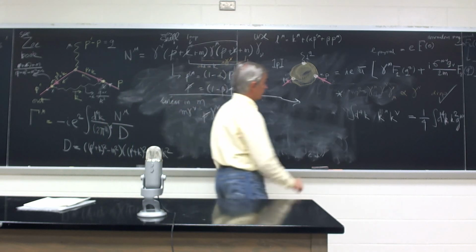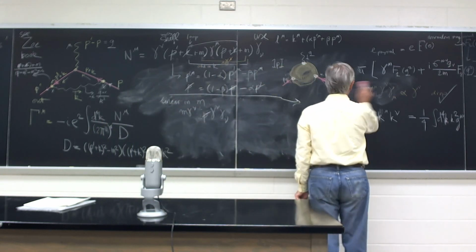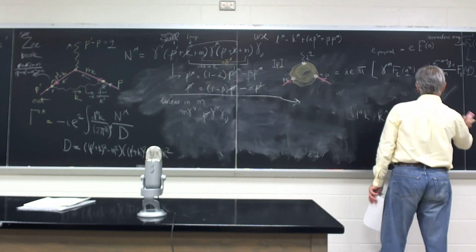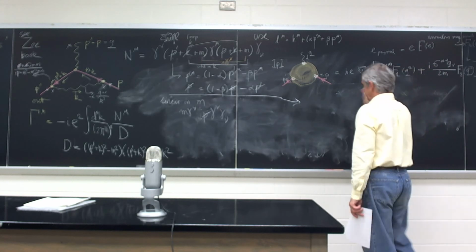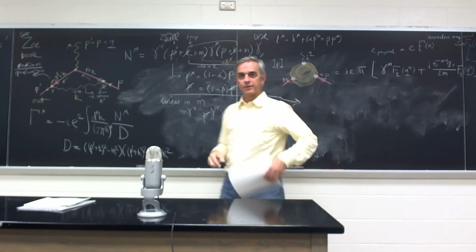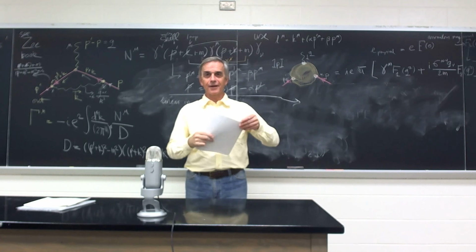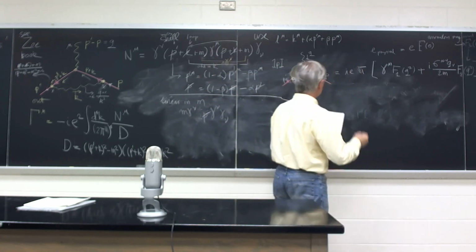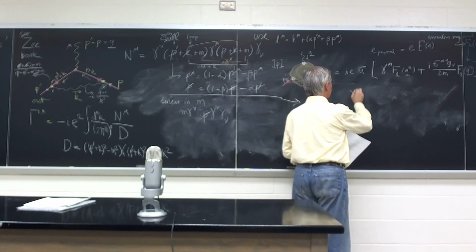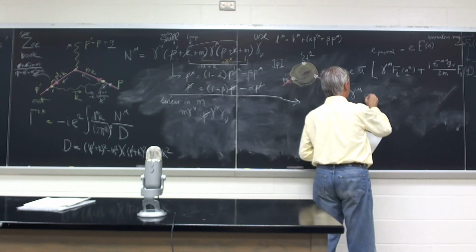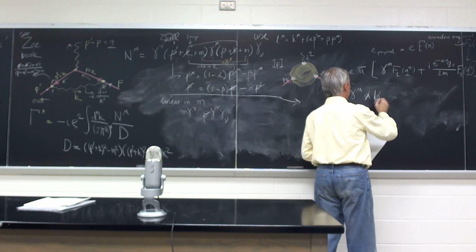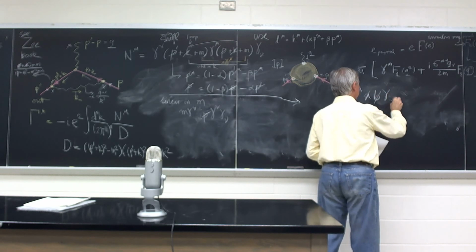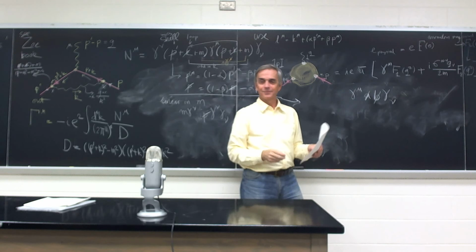And to evaluate those terms, I really don't remember what gamma gymnastics I asked you to do in the exercises, but did I ask you to evaluate gamma mu A slash B slash gamma mu? Was that part of the problem?